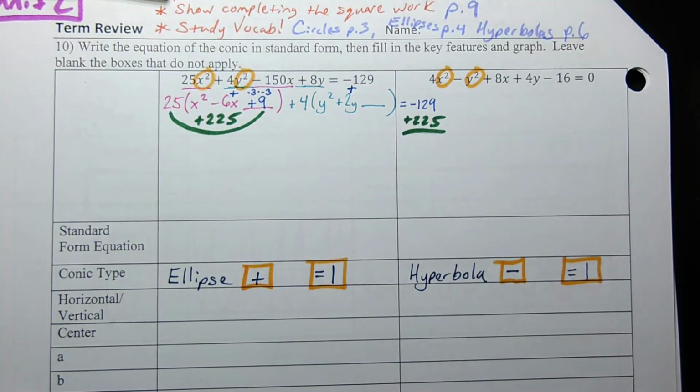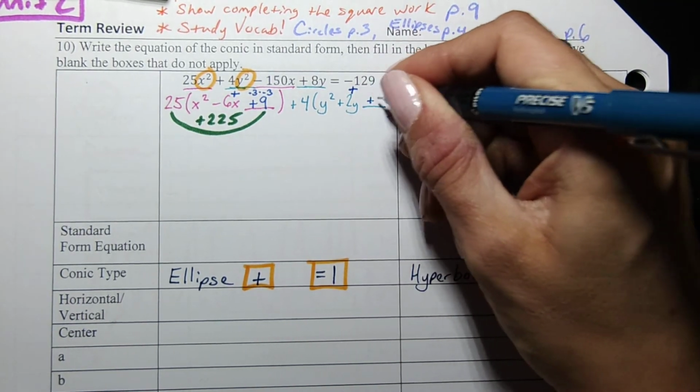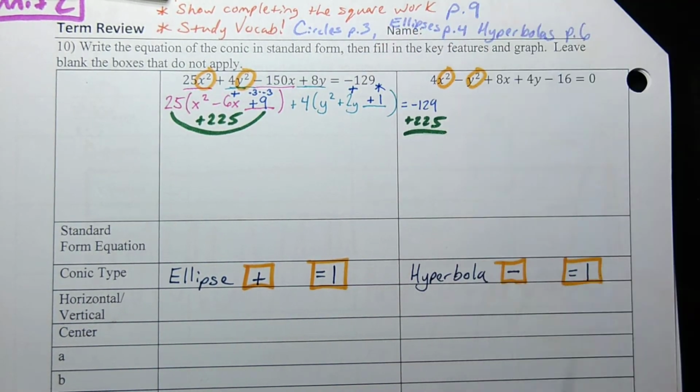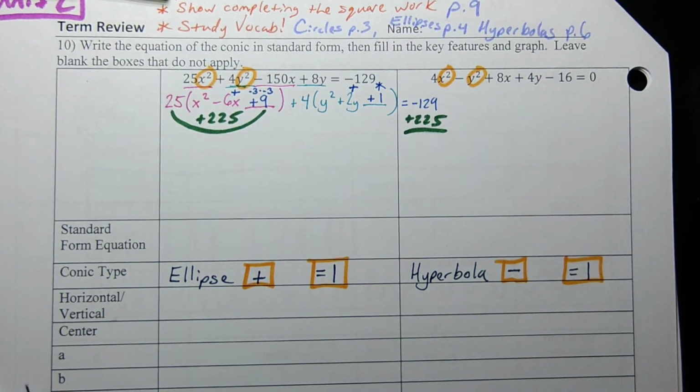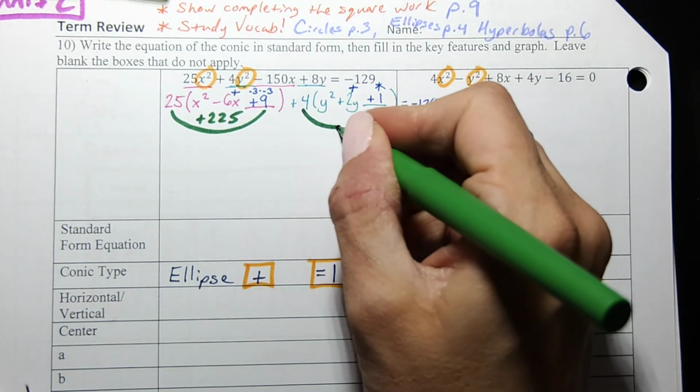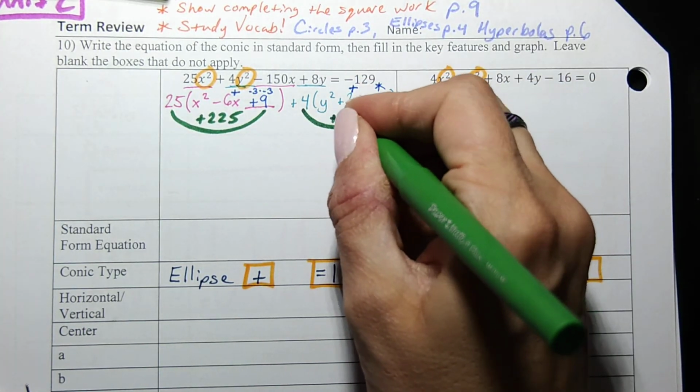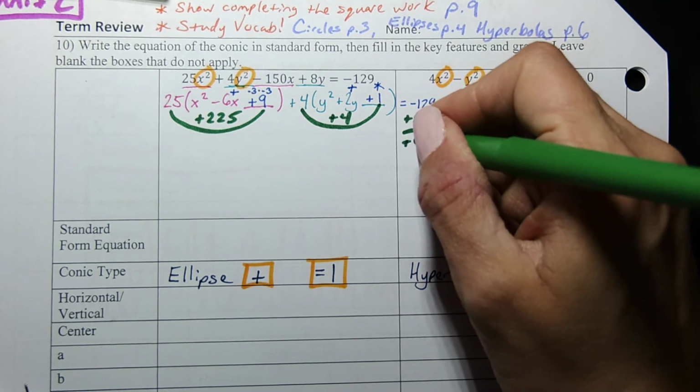What product number do those give us? Careful. 1. It's really easy to say 2. So again, make sure you get enough sleep the night before the final, Monday night. So 1 is what's going in the blank, but what are we really adding to this side? 4 times 1, or positive 4.